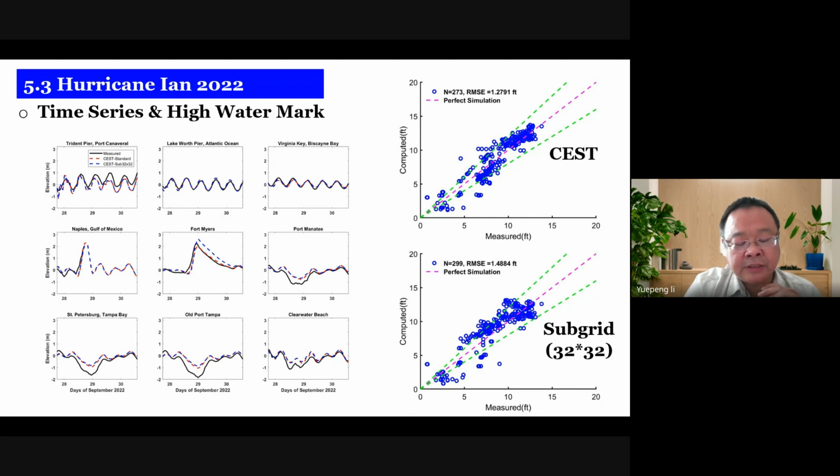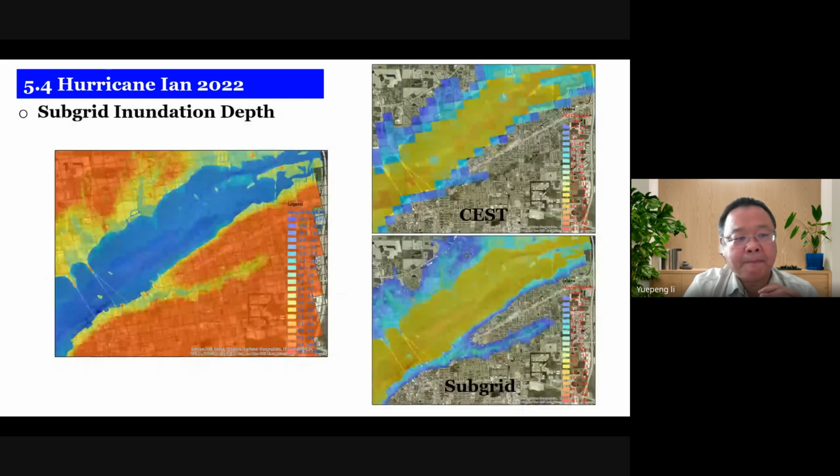The time series comparison at the NOAA tidal gauges indicates that both SEST and the subgrid can reproduce the surge well in all 9 NOAA tidal stations. The scatter plot of the high water mark comparison shows that the original SEST grid can only catch about 270 points, but the subgrid can catch about 300 points. It's 10% more. Next.